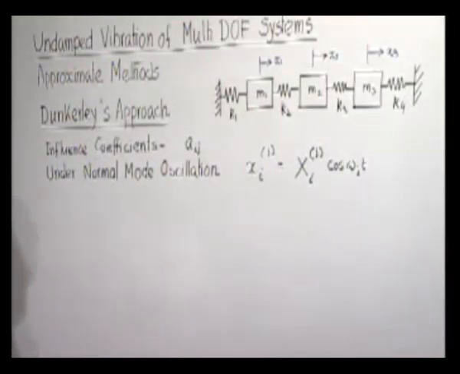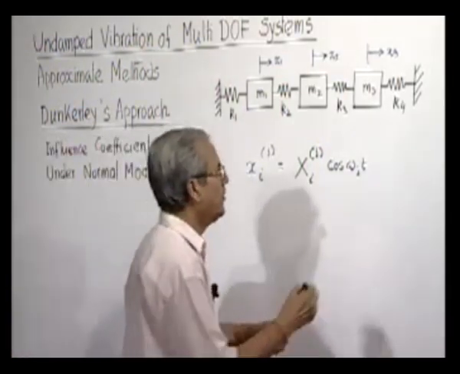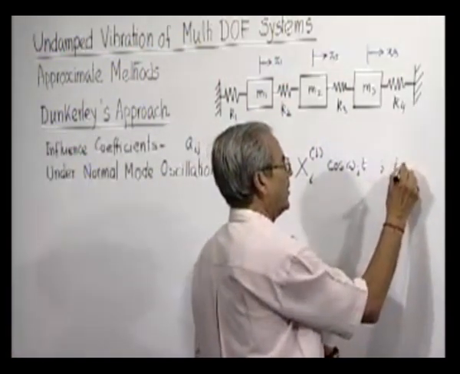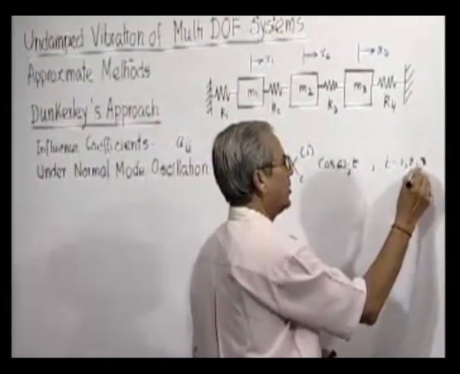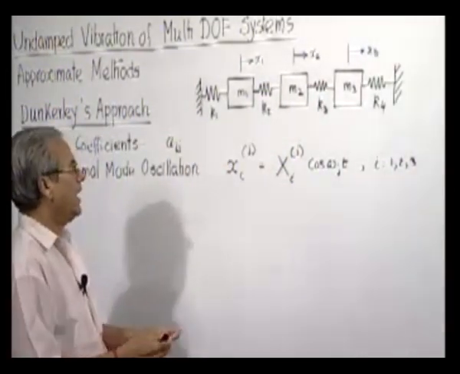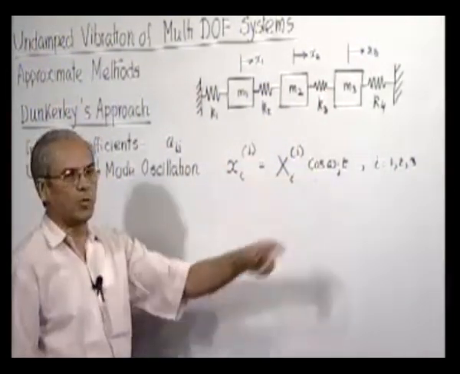That means all the i varying from 1, 2, 3 for the 3 stations, and j is a particular natural mode.